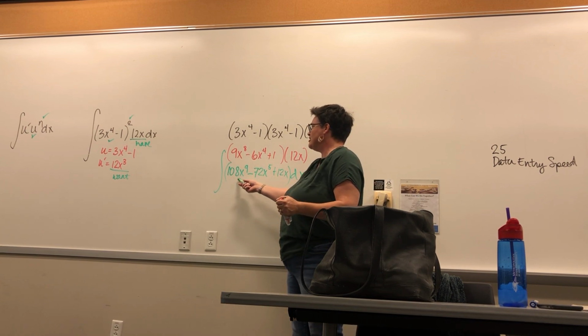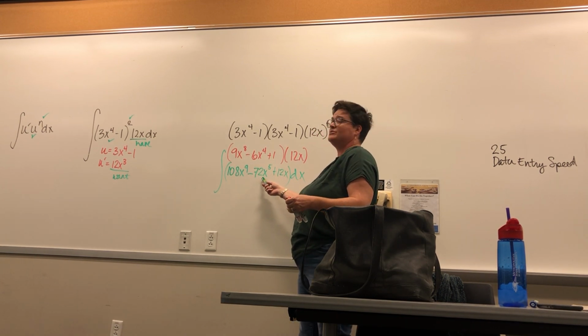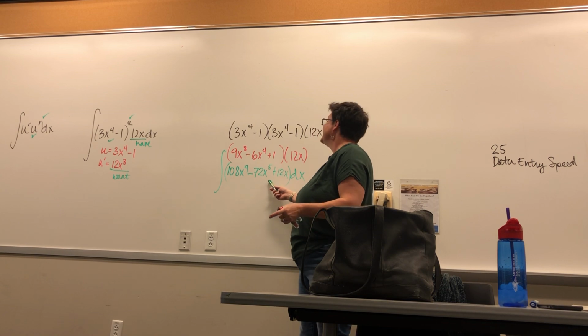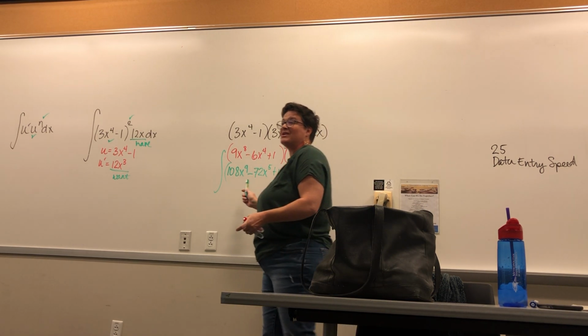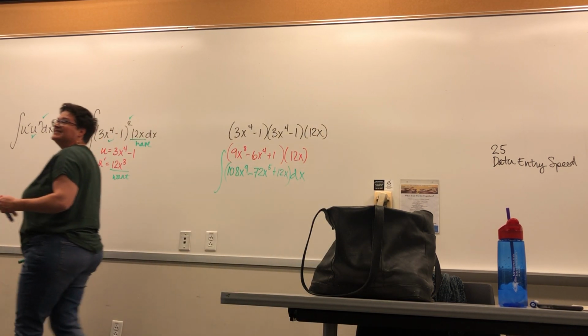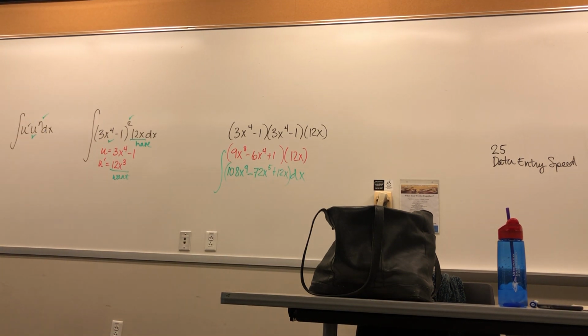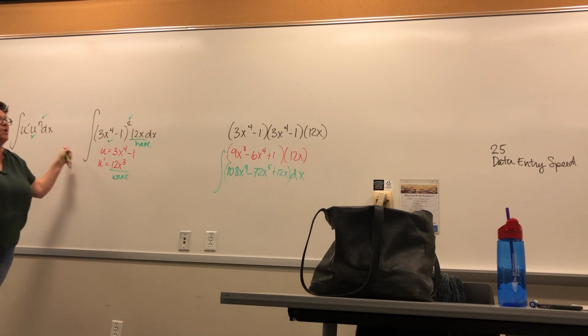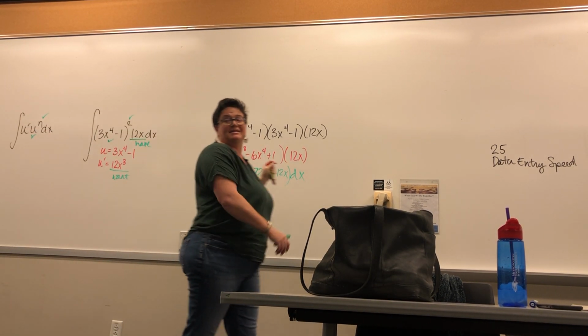So this would end up being 108x to the 10 over 10 minus 72x to the 6 over 6 plus 12x squared over 2 plus k. What do you mean, integral number 1? You have 4 integrals in your tattoo. Oh, okay. We were working with integral number 2. It doesn't work, so we have to back up and go back to integral number 1.